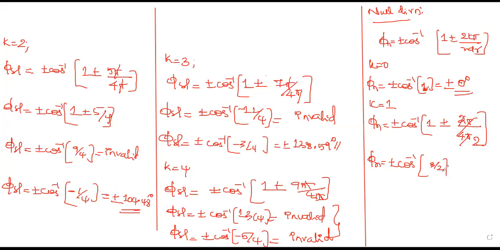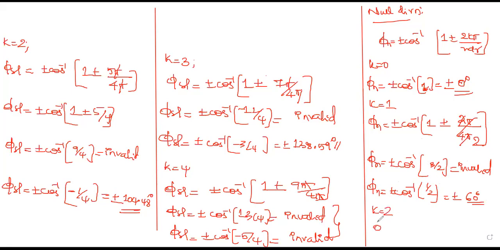The numerator is more, denominator is less, it is invalid. Consider the other one, 1 minus 1 by 2, so 2 minus 1, 1 by 2. What is the value of cos inverse of 1 by 2? 60 degree. Now both are not invalid.